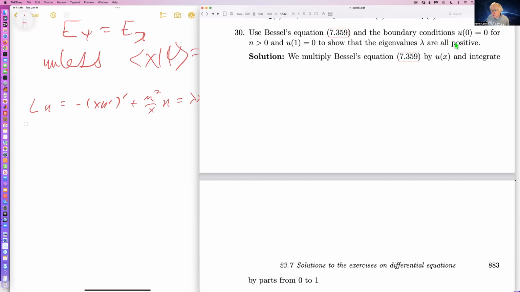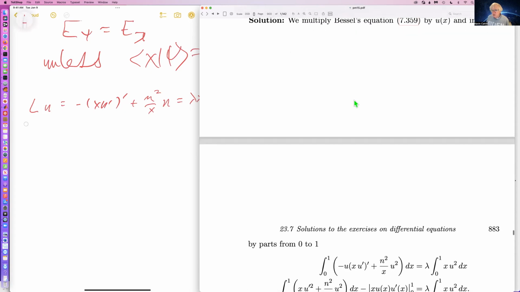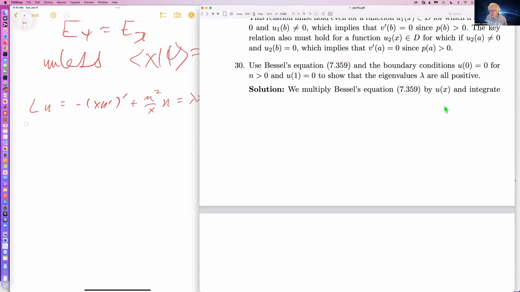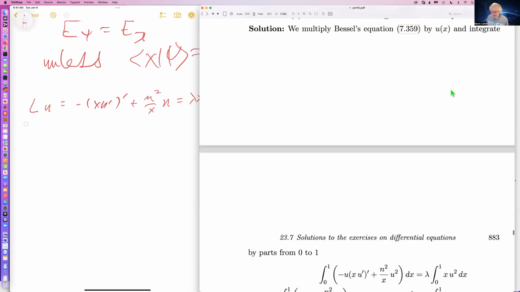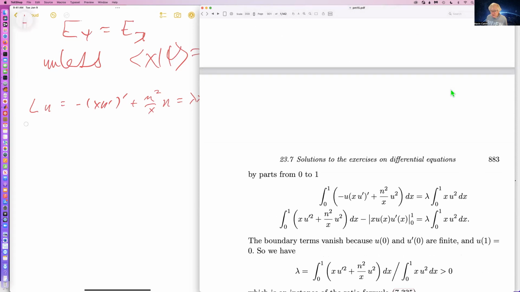So we want to use the boundary conditions U(0) is 0 for n positive, and U(1) is always 0, to show the eigenvalues are all positive. So what we do is multiply by U of x and integrate. We multiply this equation by u, and we get this equals that.